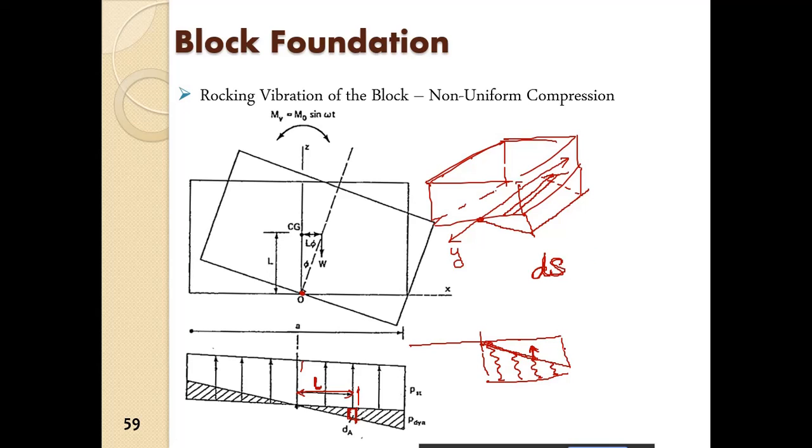So we are considering only one spring here. We can consider the stiffness C phi. So the stiffness of the spring at that point is C phi. So what is the reaction ds?